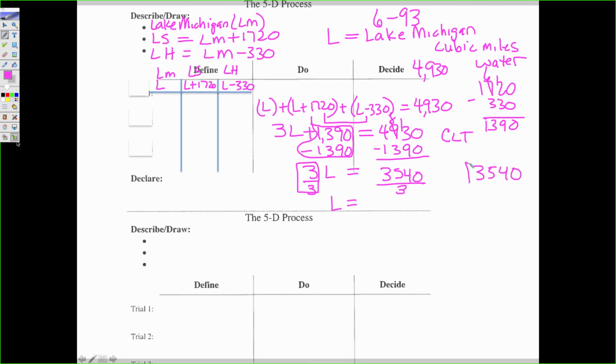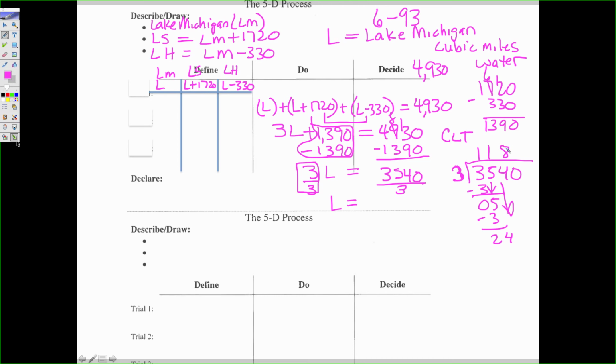3,540, just because I don't have a calculator handy: 1 times 3 is 3. Bring down my 5, 1 times 3 is 3. Sorry, this should say 3.